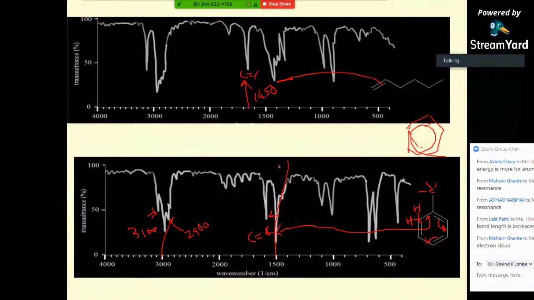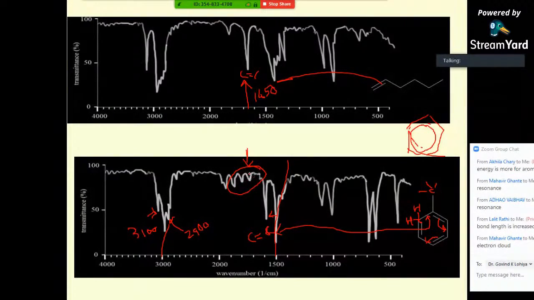Here is a very characteristic thing you can note down in the case of aromatic compounds. It is known as the combination of the overtone bands. You will observe these small peaks near 1600 to 1700.